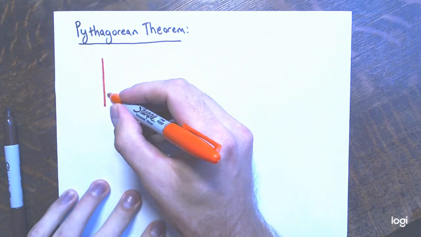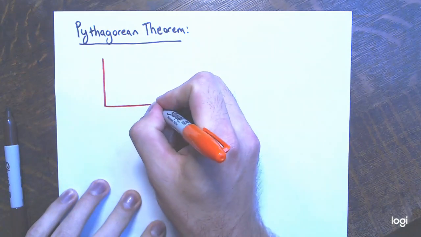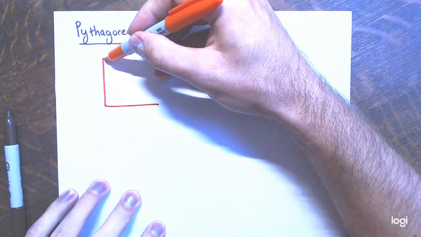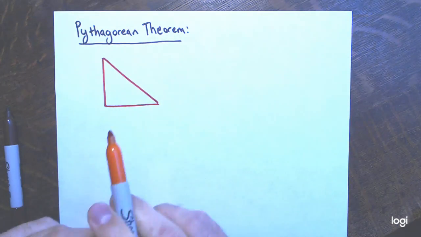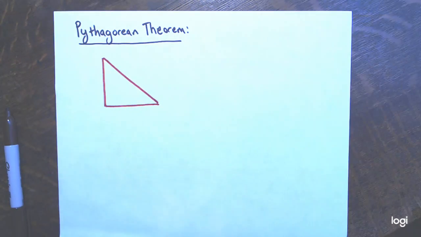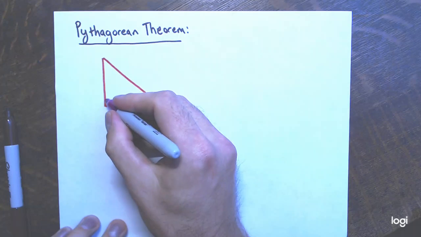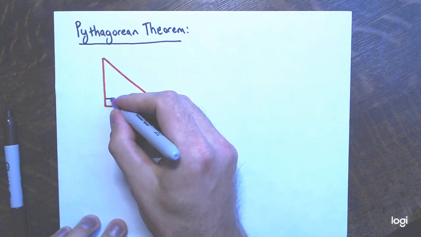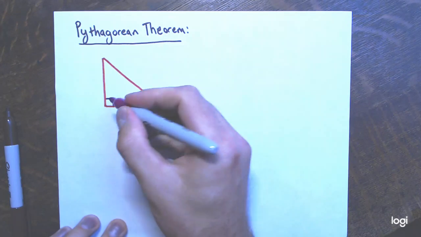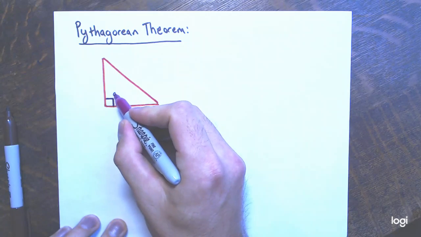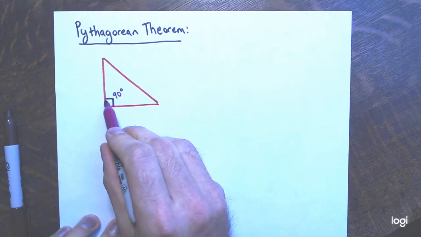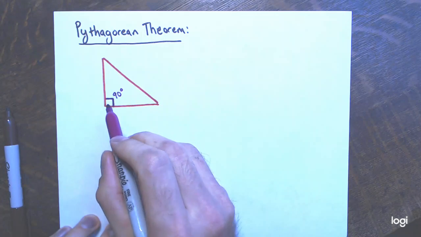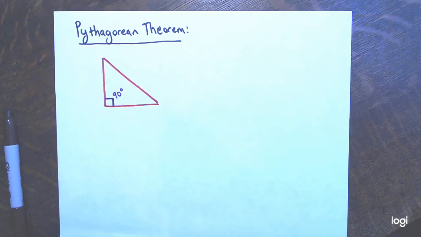So here's a very rough picture of a right triangle. It's got three sides, and what makes it a right triangle is that two of those sides form a 90-degree angle. This is 90 degrees here, usually just indicated by a little box symbol like that. So this is a right triangle.